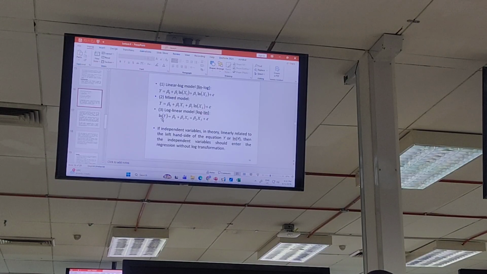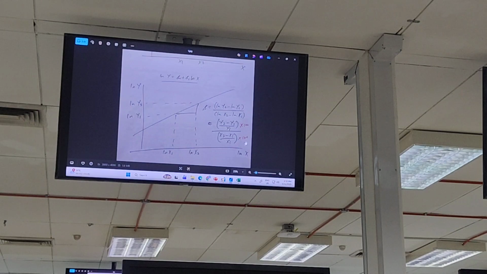But you have to multiply by 100, later I will show you, because as I mentioned before, the difference between two log y gives us relative change. In order to get percent, you have to multiply by 100. For the double log model, it doesn't matter whether you multiply or not, you still get the same, because even if you multiply, this one cancels out this one.